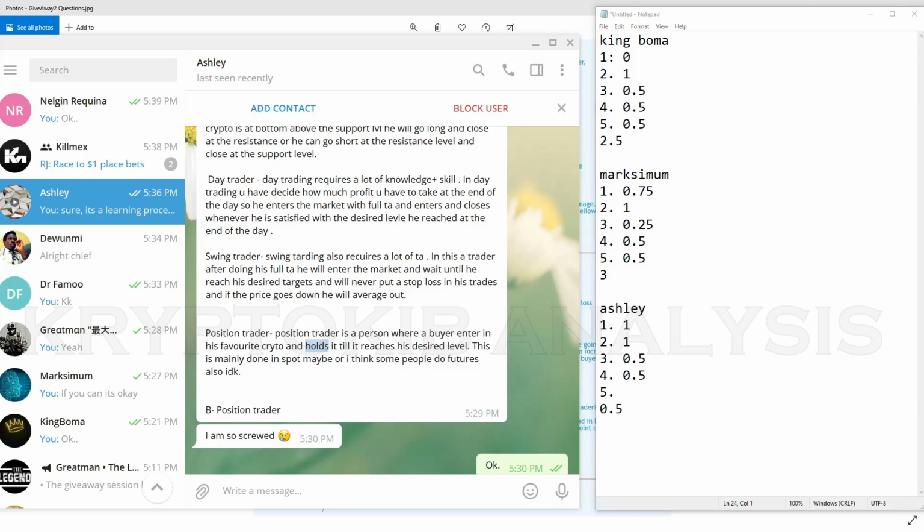Let me see, 0.5 divided by 4. That's 0.125, and he has 2 correct. So he has 0.25. So the total then will be 1, 2, this is 3, 3.25. That's still a pass mark.